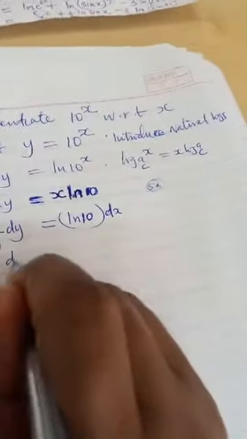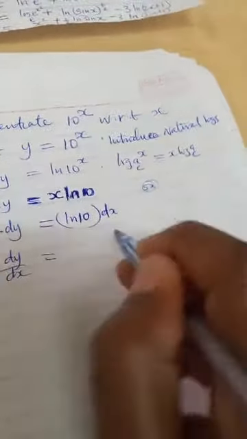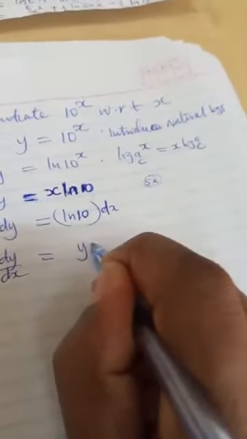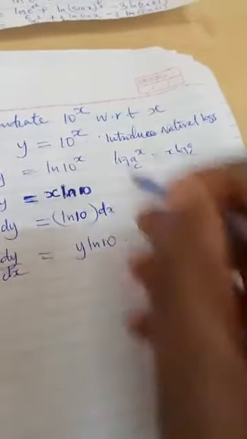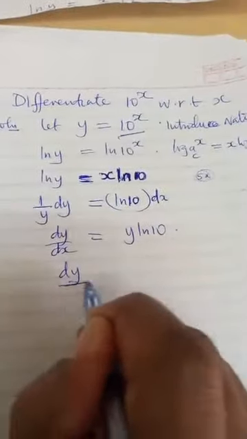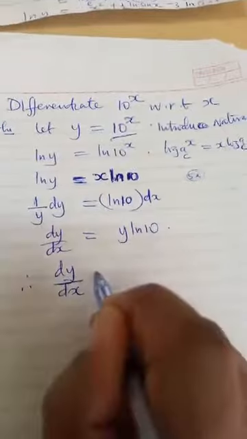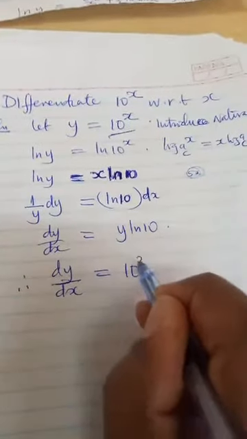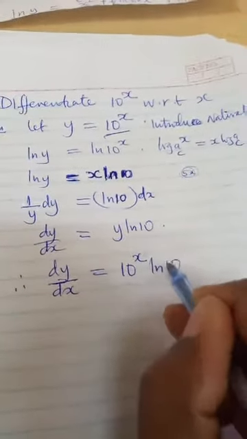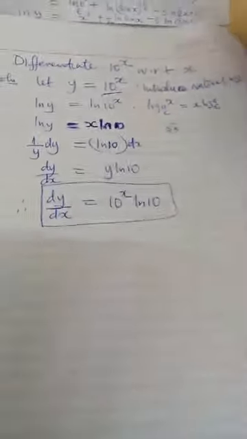So our dy by dx here will actually be the same as y ln of 10. But what is our y? We know our y. So our dy by dx will be our 10 to the power x ln of 10.